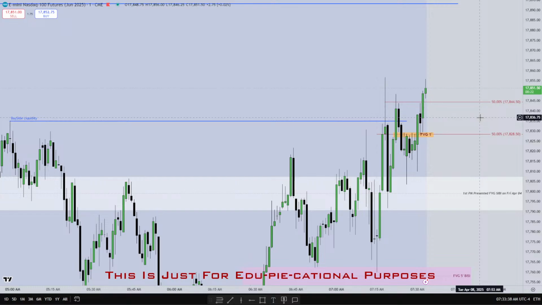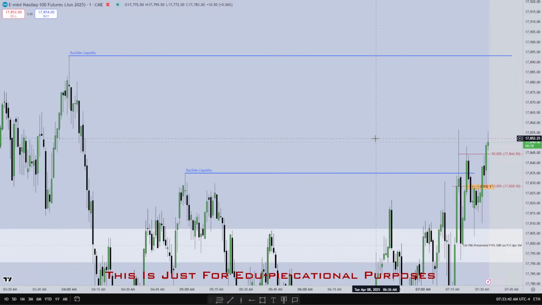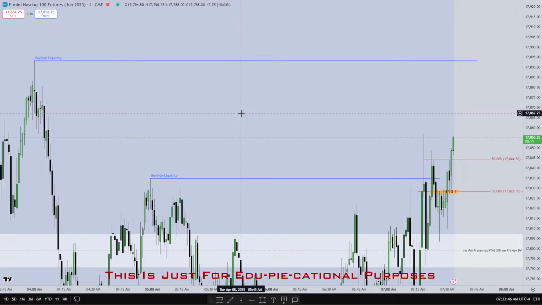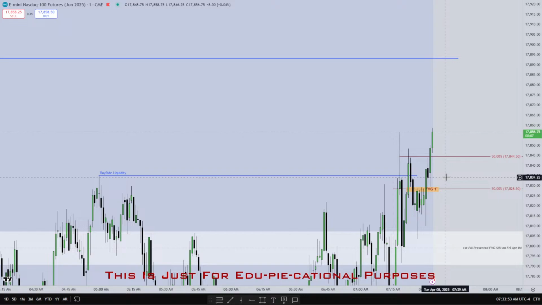It's quite interesting. So now we are trying to approach this buy side liquidity over here. Yeah, the market is quite nice.